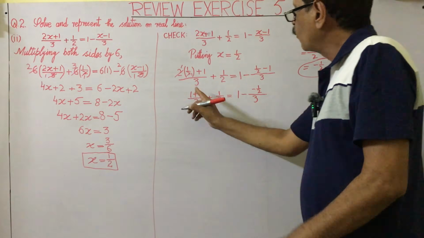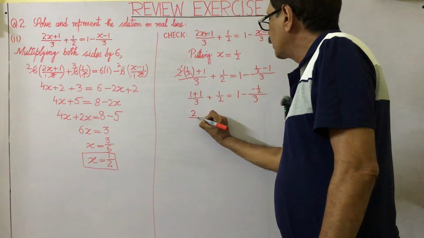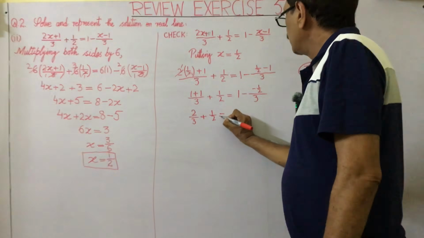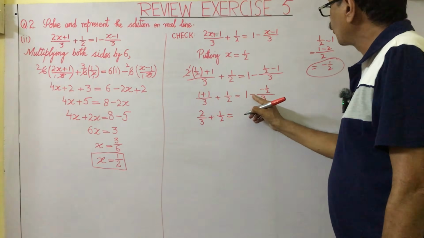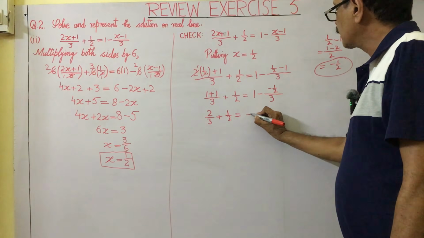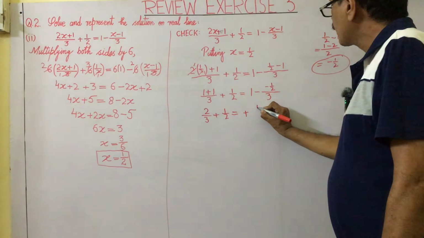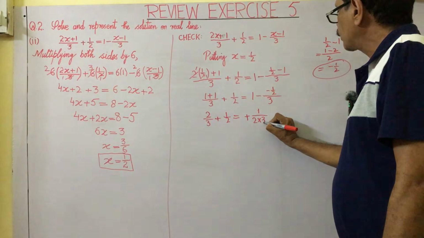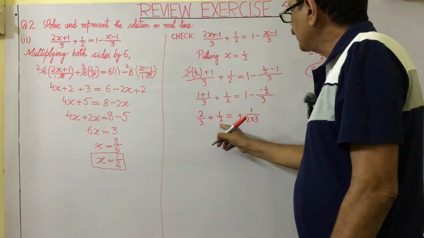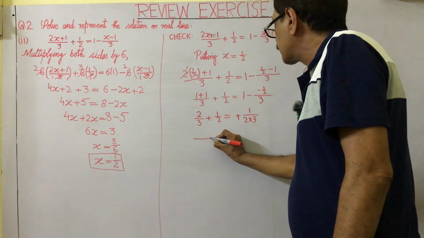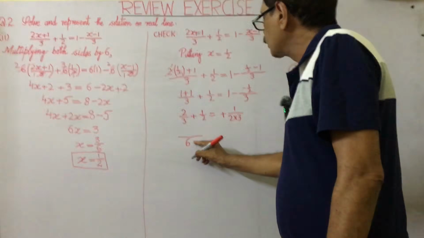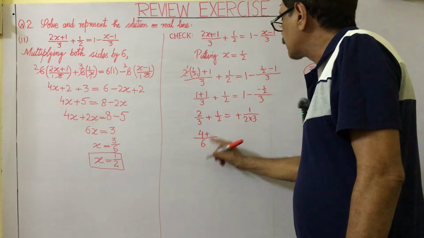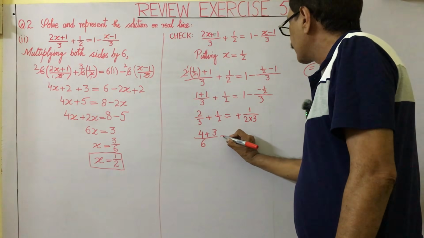Now you see, 1 plus 1 is 2 over 3 plus 1 by 2 is equal to minus into minus plus 1 over 2 into 3. Take LCM of 3 and 2, which is 6. 3 twos are 6, 2 twos are 4, 2 threes are 6, 3 ones are 3.